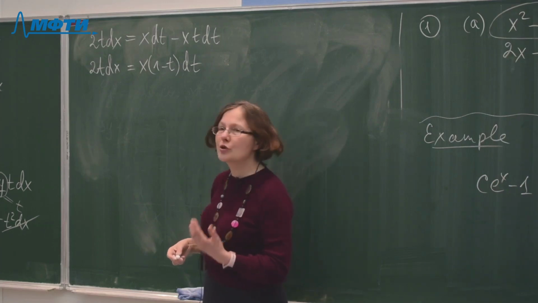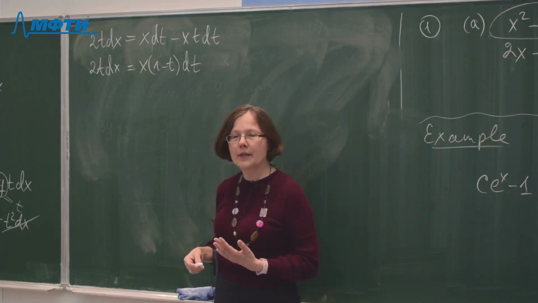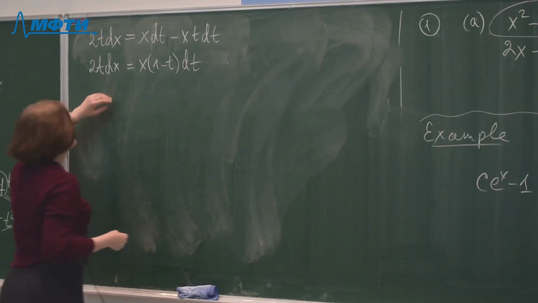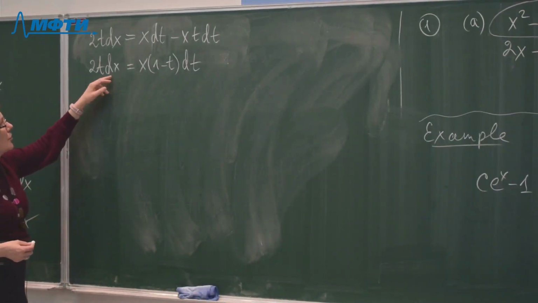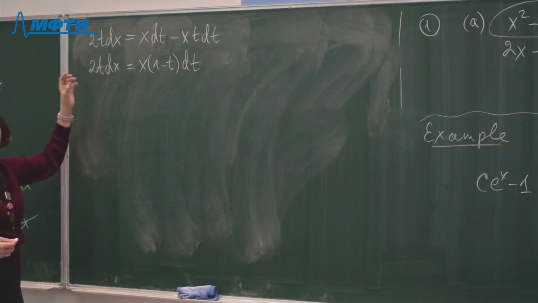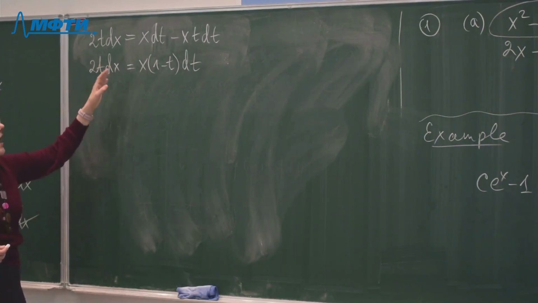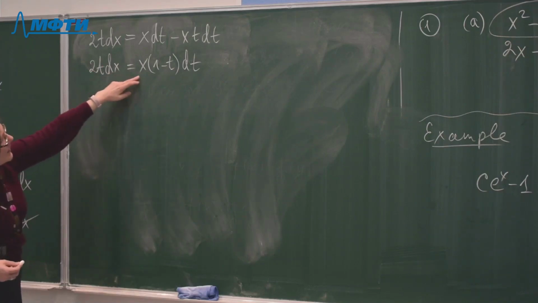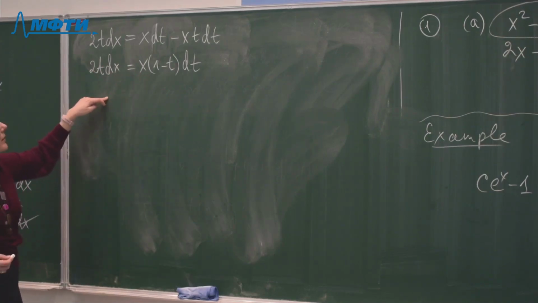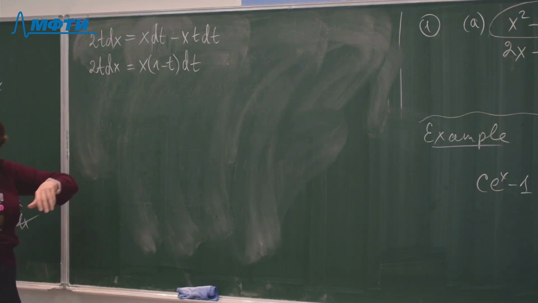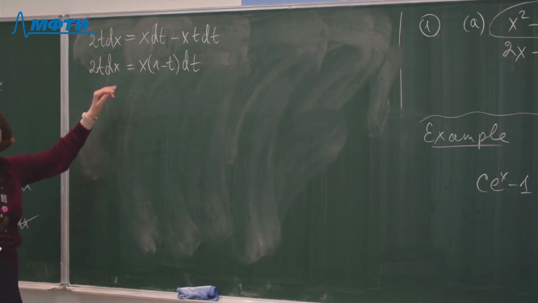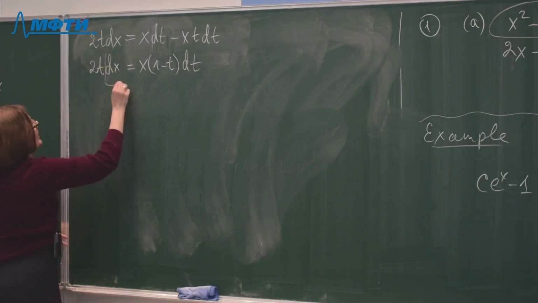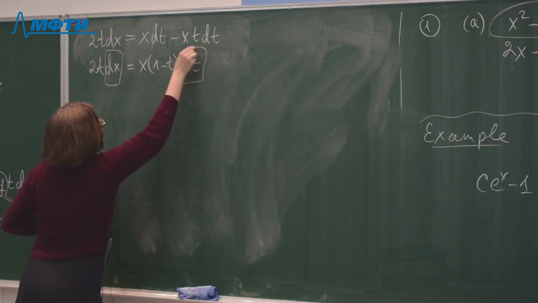Now we want to solve this equation. To solve this equation, we should collect the terms, so the terms with x on the left-hand side and move t to the right-hand side, right? So we have dx, then we should divide by x, right? Okay, is it clear? So we have differentials, dx and dt.